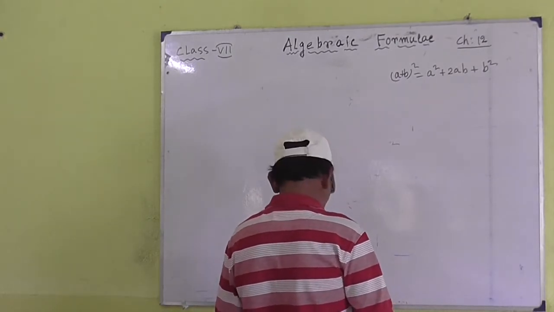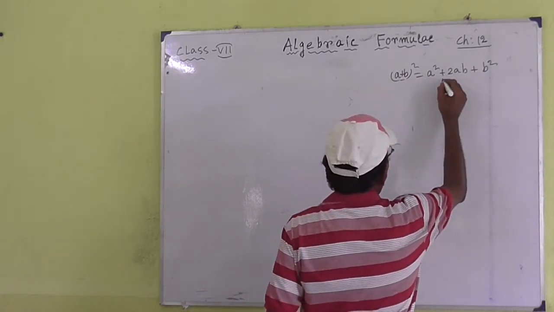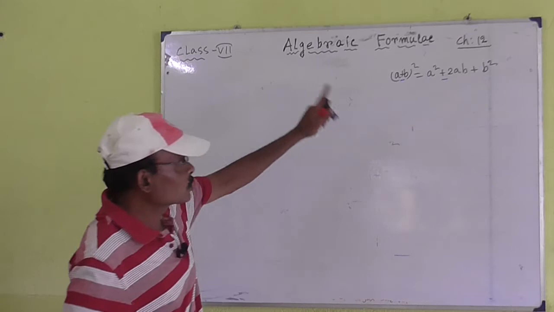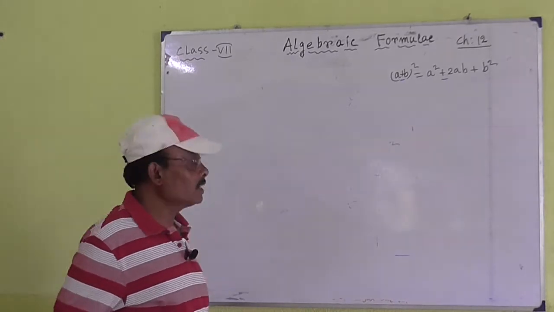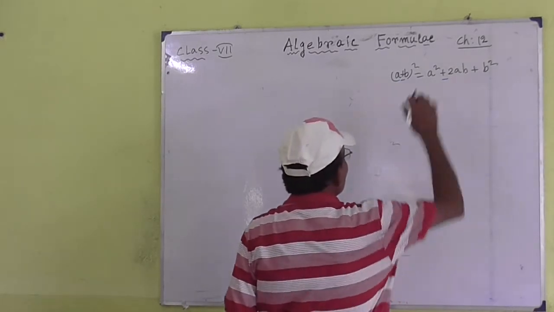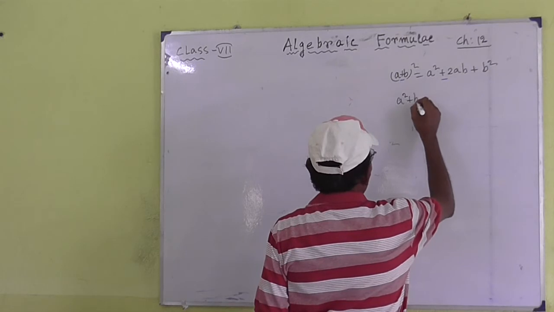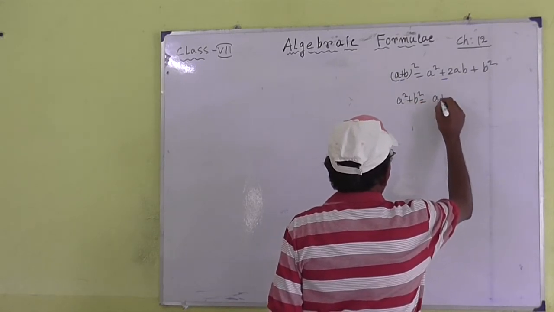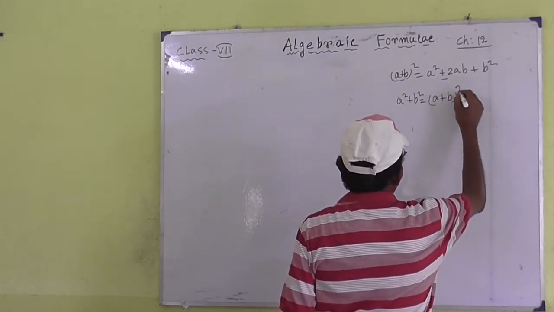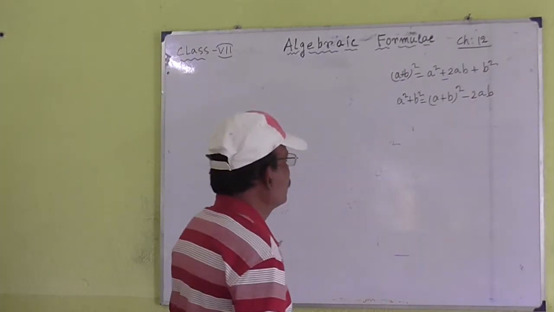A minus b whole square will be a square minus 2ab plus b square. Other formula: a square plus b square equals a plus b whole square minus 2ab. Okay.